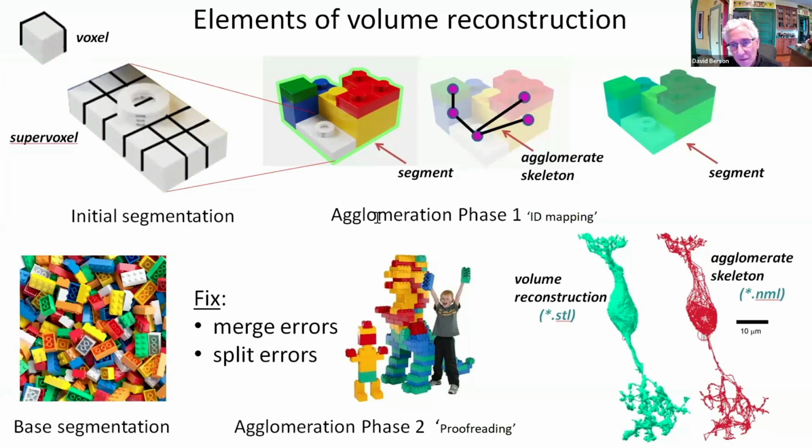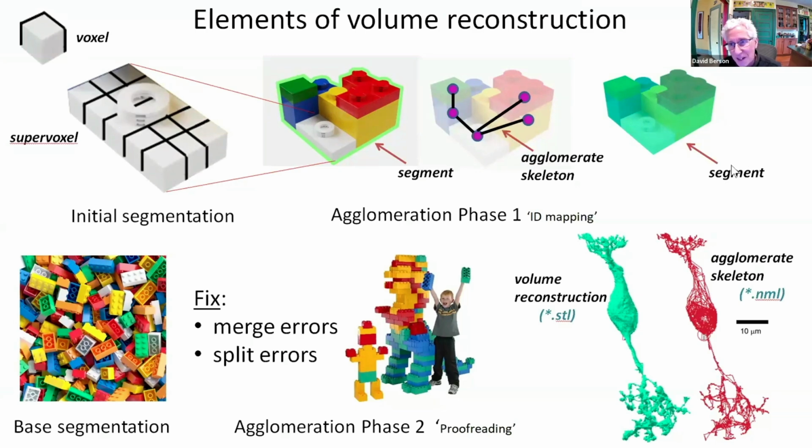There's going to be an initial phase of agglomeration in which Lego blocks like this white one here are joined with other blocks of various shapes and sizes using an agglomerate skeleton. So these things are now linked as one element, which is a segment, but they could, in theory, later be broken down.